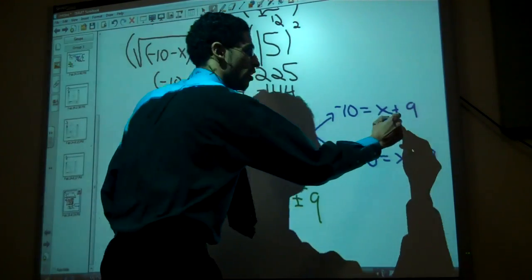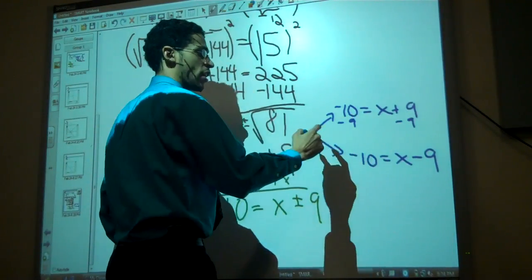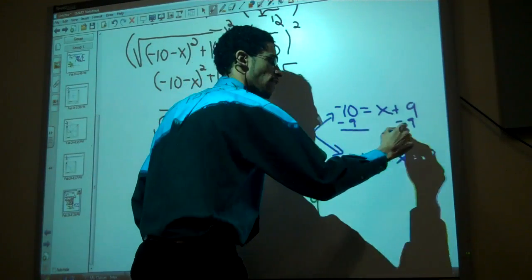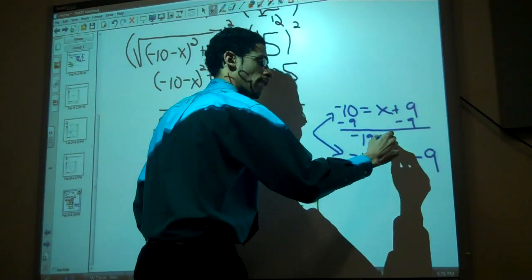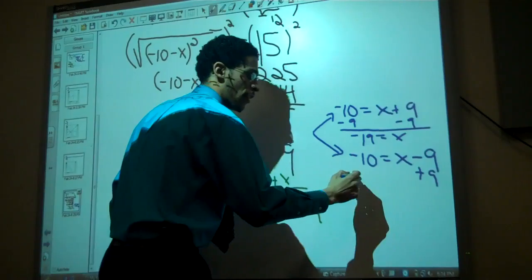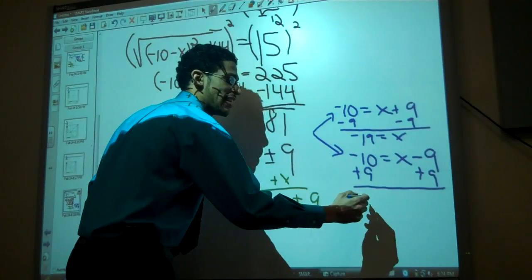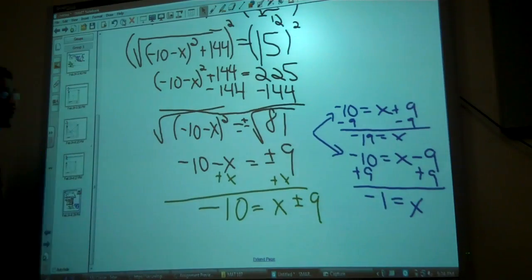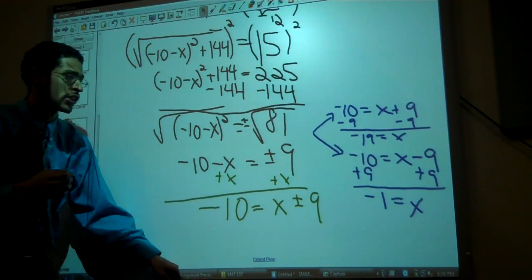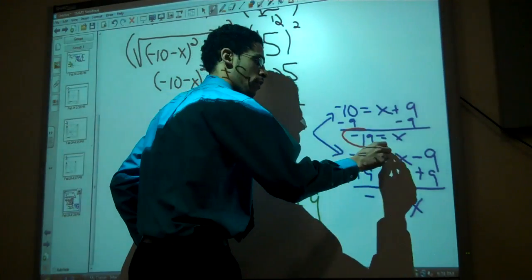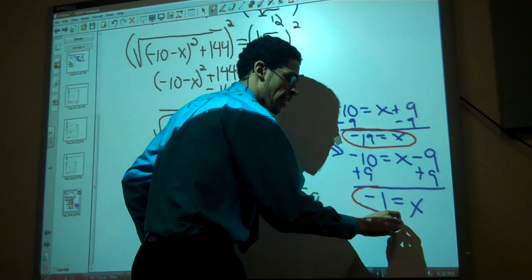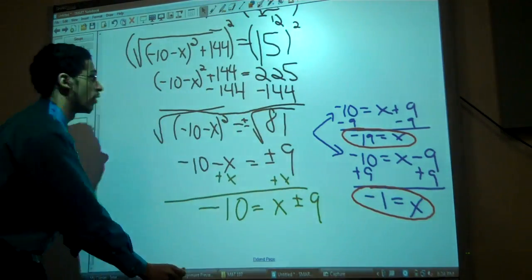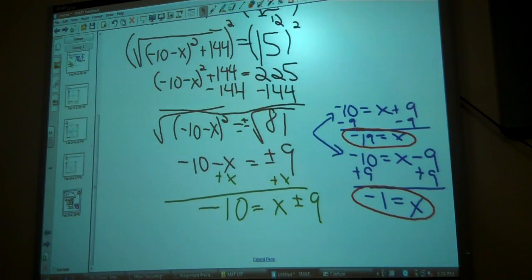So subtract 9 here to get negative 19. Add 9 here to get negative 1. Two different answers to the question. One is smaller than the other, and I think they want the smaller one first.